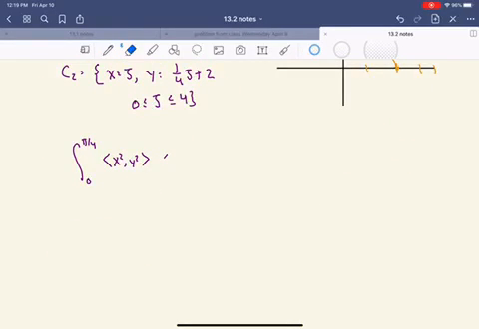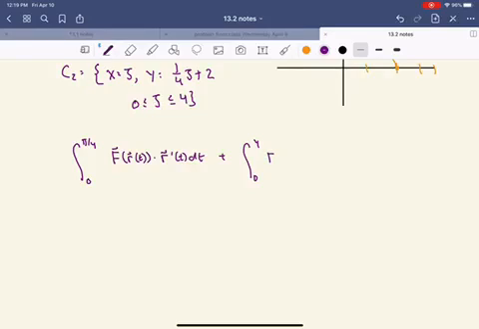Let me write it this way first: F of r of t dotted with r prime of t dt, plus the integral from 0 to 4 of F of r1 of tau dotted with r2 prime of tau.